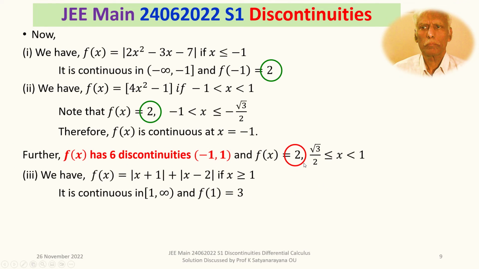So the left hand limit at x is equal to 1 is 2, and the right hand limit at x is equal to 1 is 3. They are not equal, therefore there is a jump discontinuity at x is equal to 1. So now it shows f of x is discontinuous at x is equal to 1.